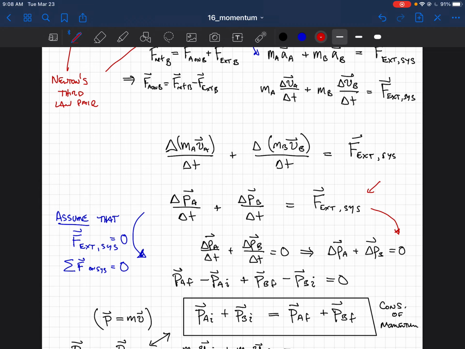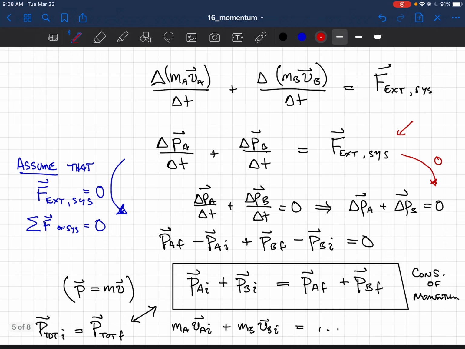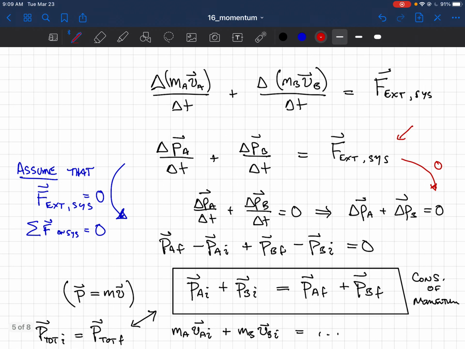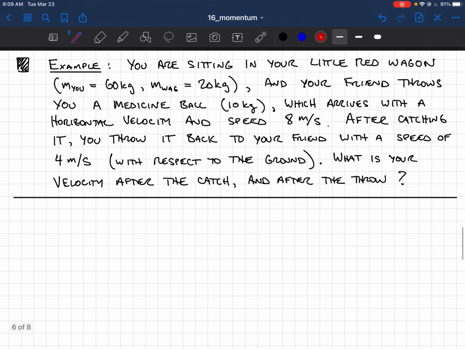And as long as the external force on the system is equal to 0, then conservation of momentum works out. So that's our condition. So remember, mechanical energy is conserved if there are no non-conservative forces doing work, but conservation of momentum occurs if the system has no external forces on it. And we'll see how that works in examples.